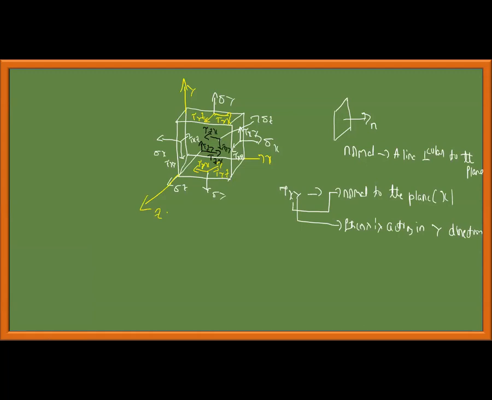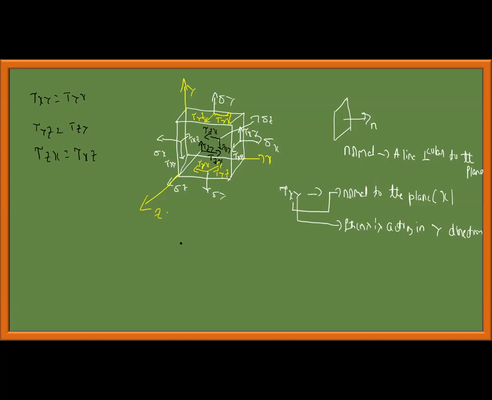Okay, these are the components of stress. This is a general state of stress, but what you should know is that shear stresses are complementary. Tau xy is equal to tau yx, tau yz is equal to tau zy, tau zx is equal to tau xz. These are complementary.